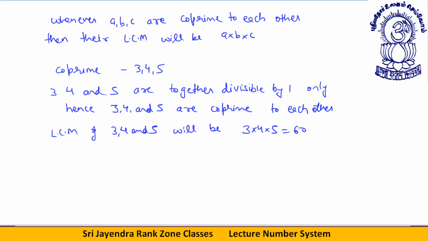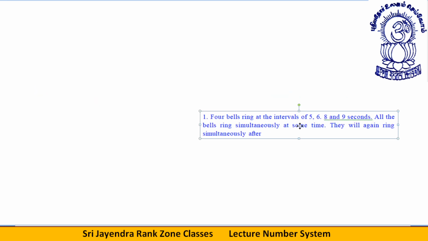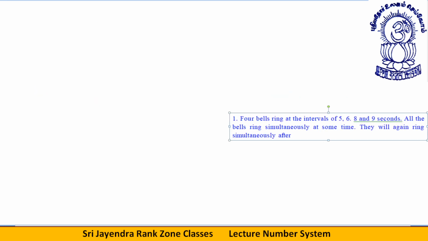Now let's start with proper questions. The next question we have is: four bells ring at intervals of 5, 6, 8, and 9 seconds.